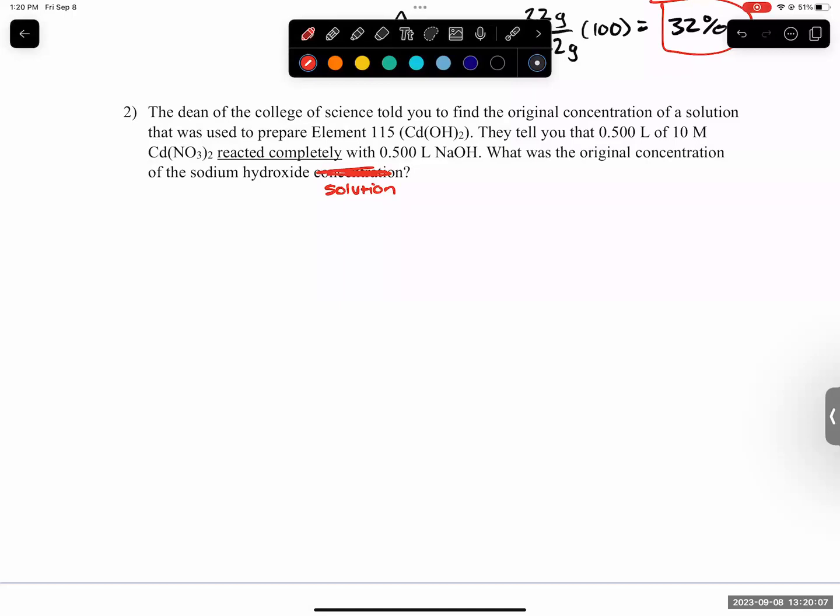Told you, like Uncle Sam, I want you to find the original concentration of the solution that was used to prepare this thing. All right. What's my first step? Writing my balanced equation. So Cd(NO3)2 is going to react with sodium hydroxide. What are my products going to be?